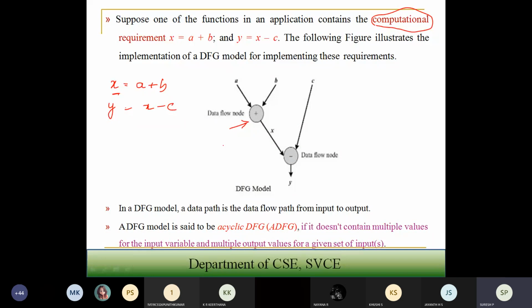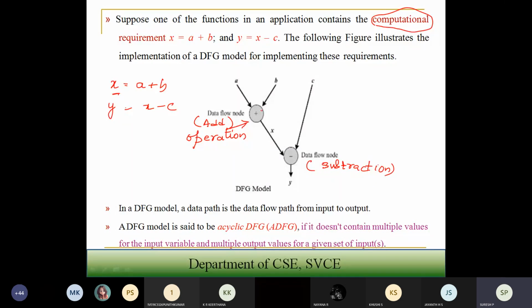The addition is the operation it has to perform, that is the computation it has to do. So this is the add operation it is performing in this particular circle. If you take this other node, it is a subtraction operation that is going to be performed, according to the data flow node. This particular circle is called a node.